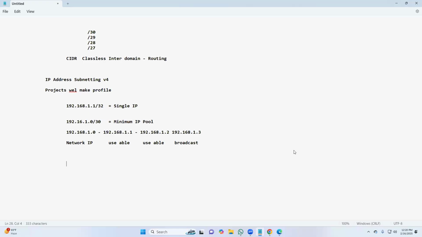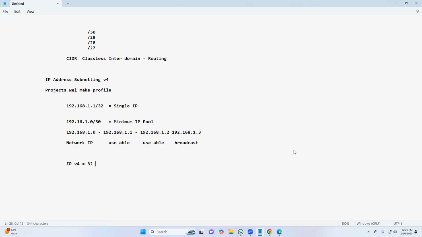For example, A class starts from... IPv4 is a 32-bit IP. 32-bit means every portion like this should be 8-bit, mentioned in the slides.